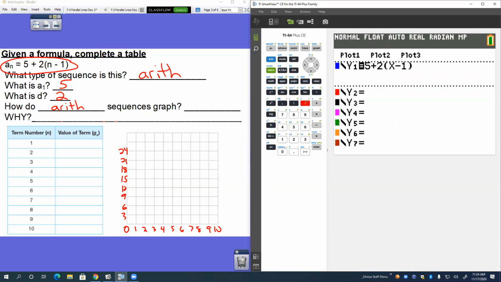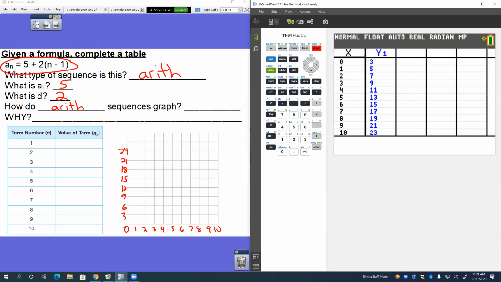Close your parentheses. So that's what we're typing in. We're going to hit second and table. Again, remember we're ignoring the 0. So we have 5, 7, 9, 11, 13, 15, 17, 19, 21, and 23.